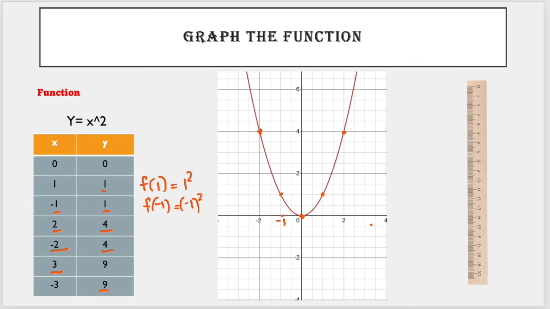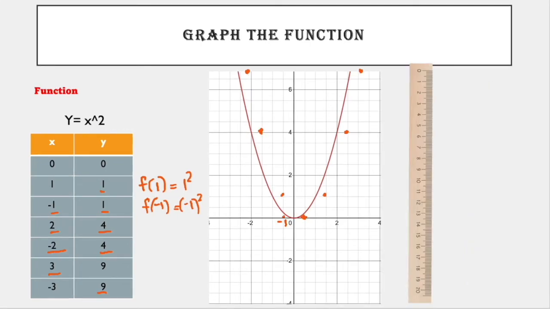If it is 3, it is 9 right here. If it is negative 3, also it's 9. So if we join all these points, we get a graph like this. So this is the graph of a quadratic function.